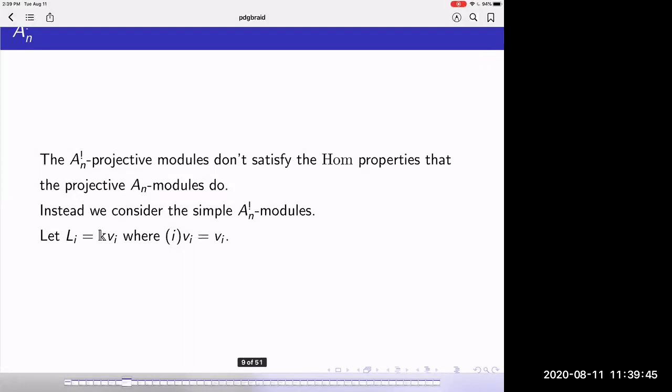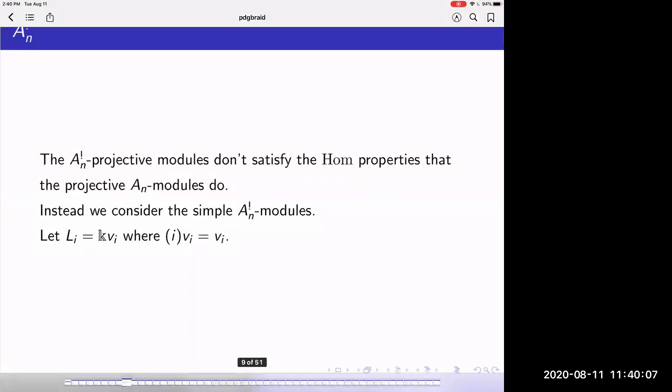But for Koszul duality, we know that projectives and simples should get exchanged. And so we should consider instead the simple modules for A_n shriek. The simple modules for A_n shriek are very easy. All the simples are one-dimensional, and we have a simple for each node in the quiver.